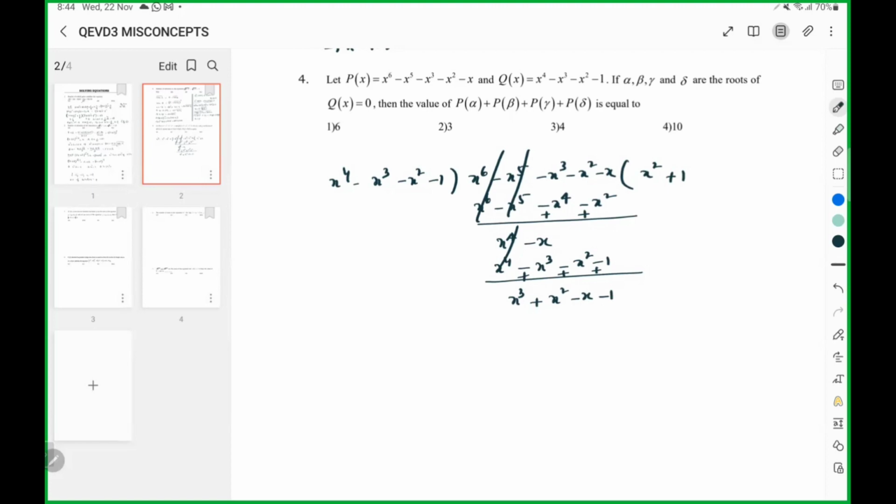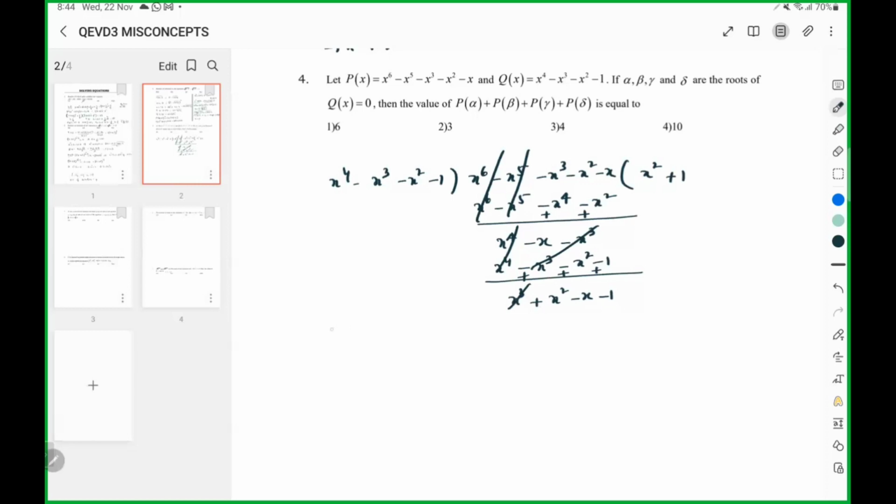Just check it. It's power 5. All the terms I have taken: x cube, x square, x power 6, x power 4, x square, right? Here, minus x cube I didn't write. They get cancelled out. So right.